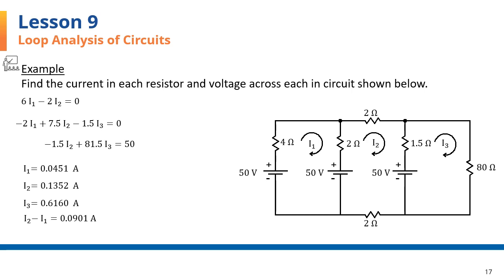Current through the other two resistors, the top and bottom, are simply I2, although they flow in opposite directions. And current in 1.5 ohm resistor is I3 minus I2 times 1.5, and in the upwards direction. Current through the 80 ohm resistor is simply I3, which is shown here.